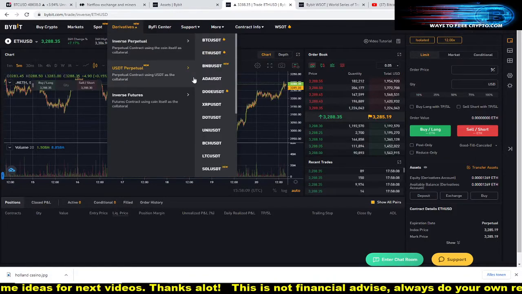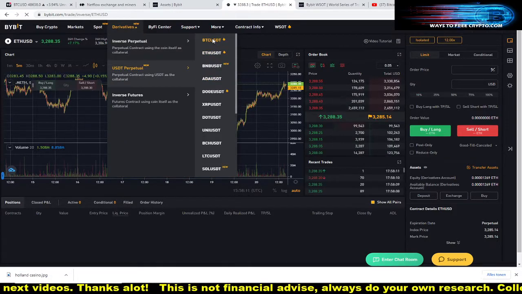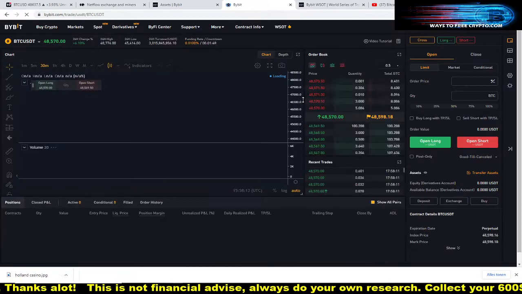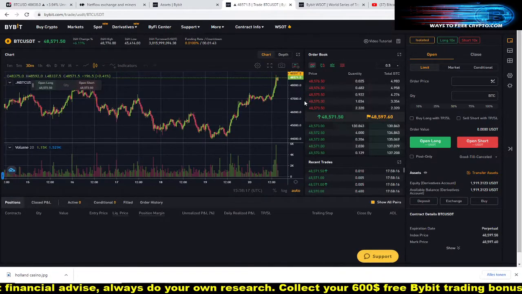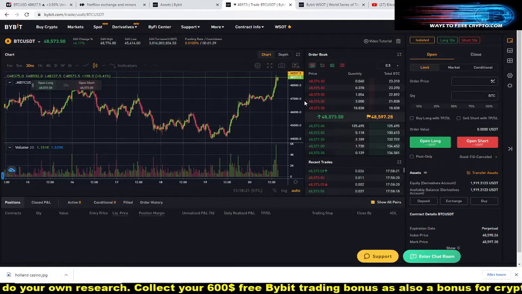Now, I always trade in USDT. I don't know why, but I always trade in USDT just because it's easier for me. I have no idea why, but it's just something that I do. What you do, you have to see whatever you feel fine with, that's the thing that you do.